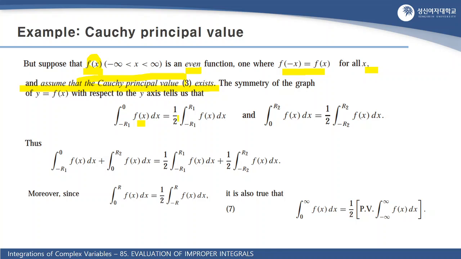So for even functions, the Cauchy principal value is equal to the improper integral as long as the Cauchy principal value exists.